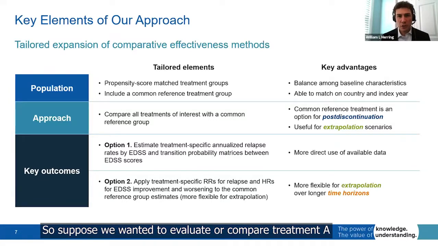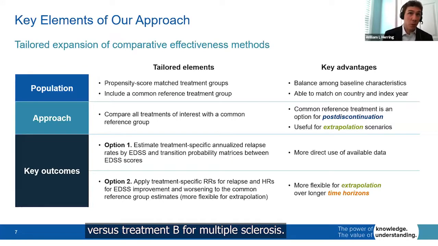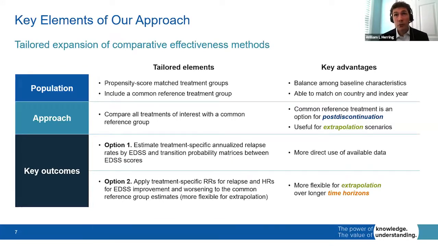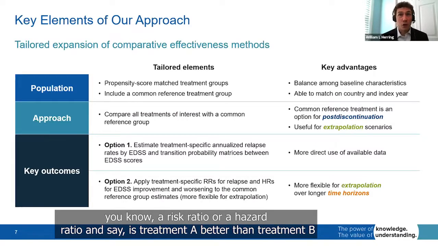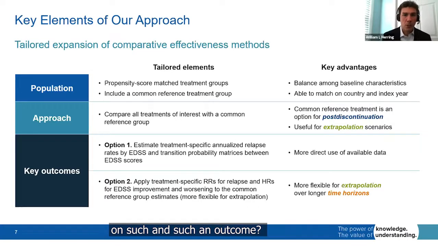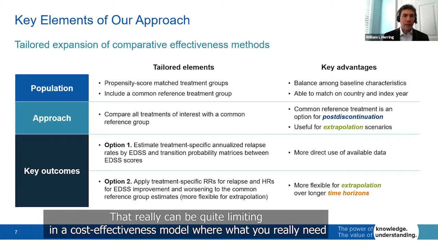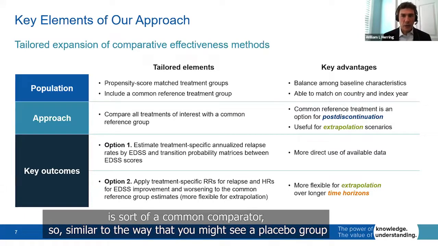So suppose we wanted to compare a treatment A versus treatment B for multiple sclerosis. Traditionally, you could just estimate a risk ratio or a hazard ratio and say, is treatment A better than treatment B on such and such an outcome? That really can be quite limiting in a cost effectiveness model, where what you really need is a common comparator.